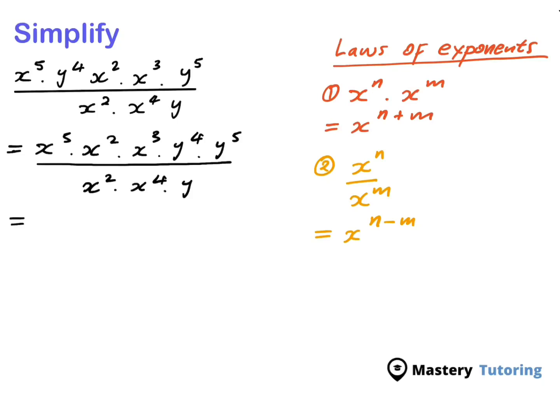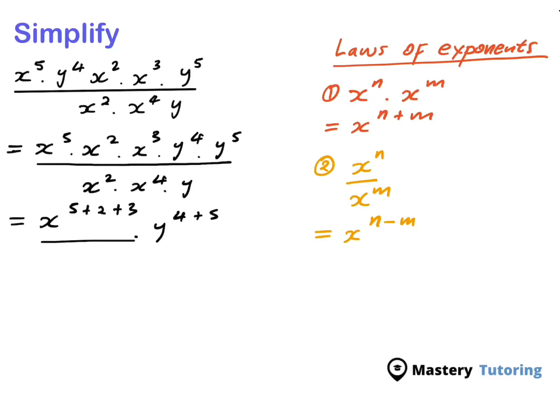Starting with the numerator, x to the power of 5. Because the base is the same for the first three terms, we are going to add 5, 2, and 3, multiplied by y to the power of 4 plus 5. We are saying 4 plus 5 because the base is the same, and this rule allows us to add the exponents.